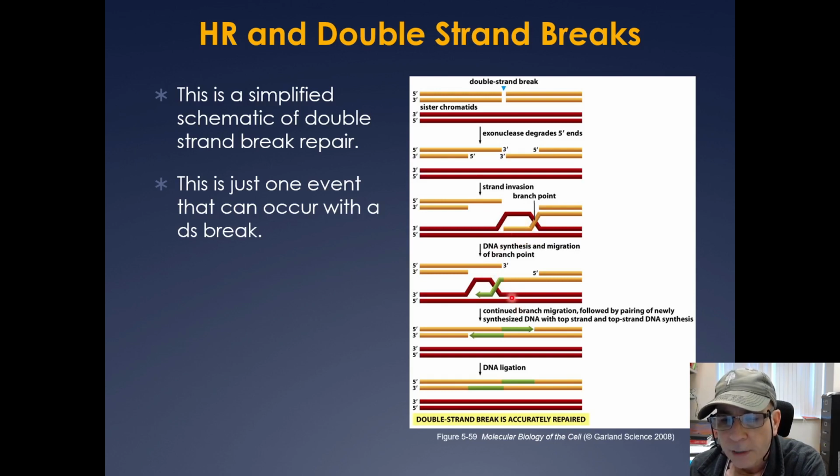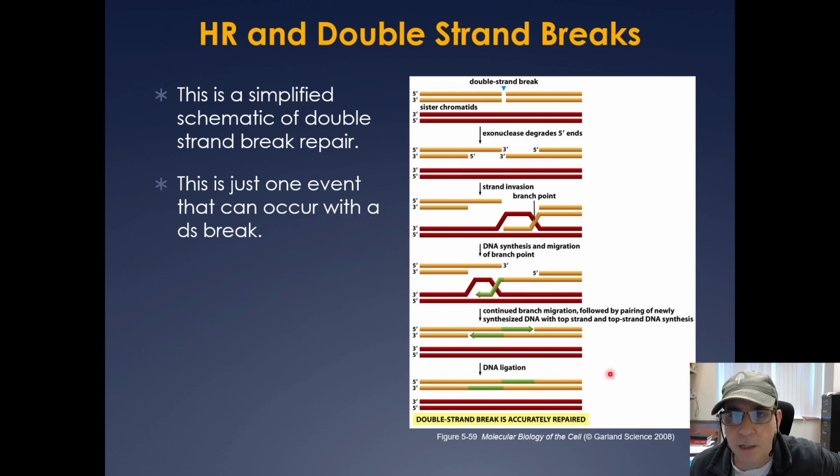Then you get the branch migration, and the DNA polymerase can come in and polymerize what's needed, and then the strands are ligated back together. This green section of DNA used the red DNA as a template to be copied to fix everything, because you're chewing back stuff at the end. I hope that makes sense.